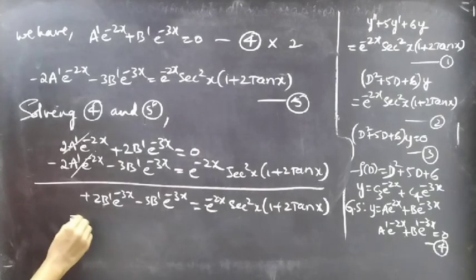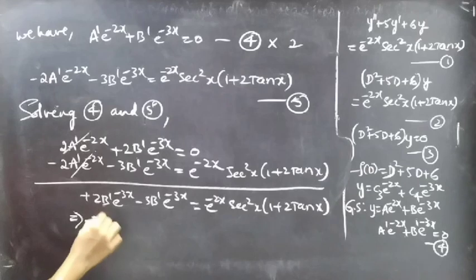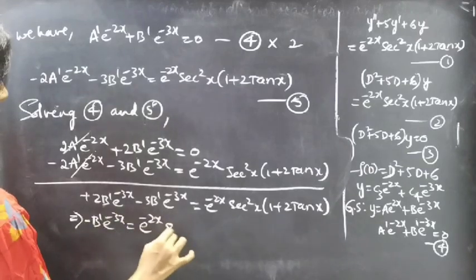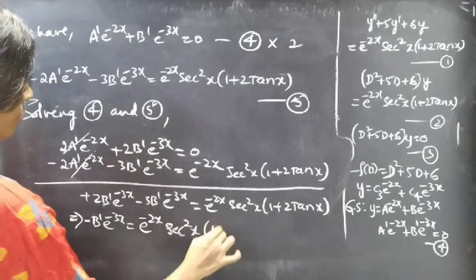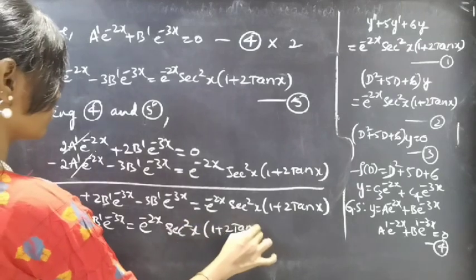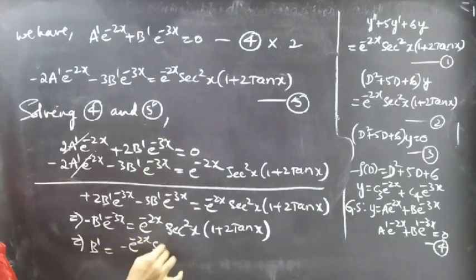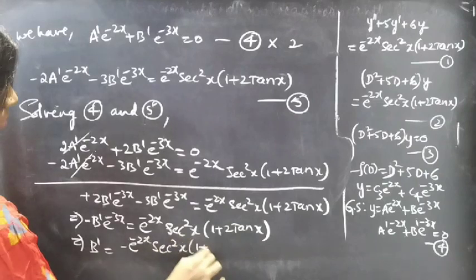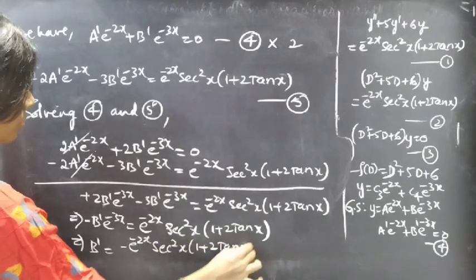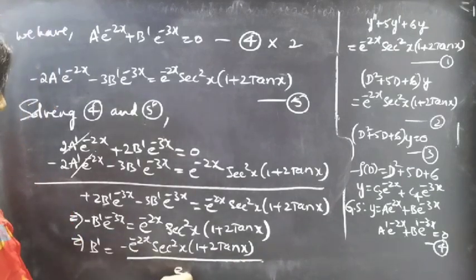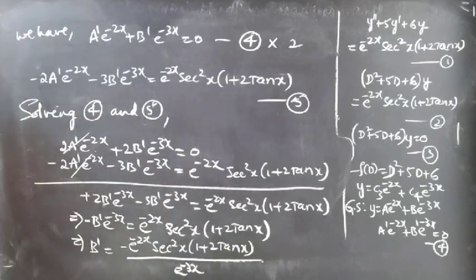This gives us minus b dash e power minus 3x equals to e power minus 2x secant square x of 1 plus 2 tan x. From this we'll get b dash equal to minus e power minus 2x secant square x of 1 plus 2 tan x by e power minus 3x, which is the required b dash.